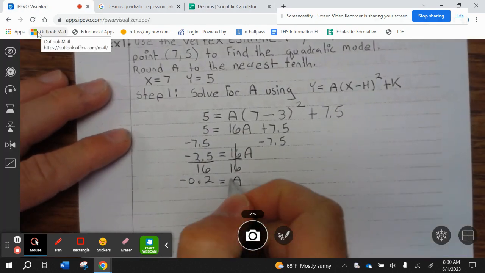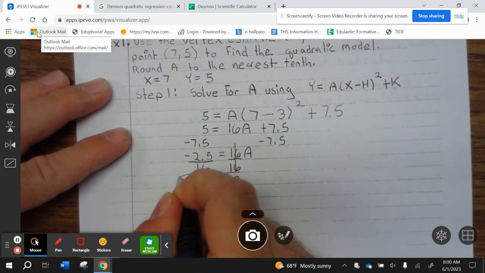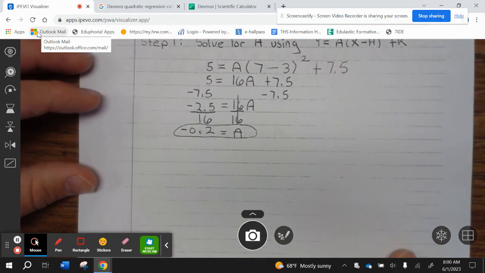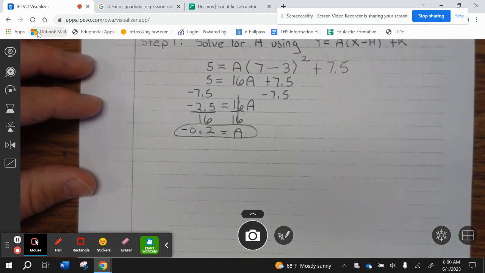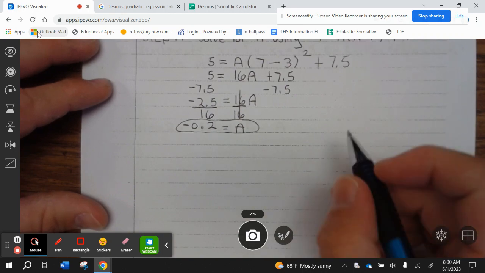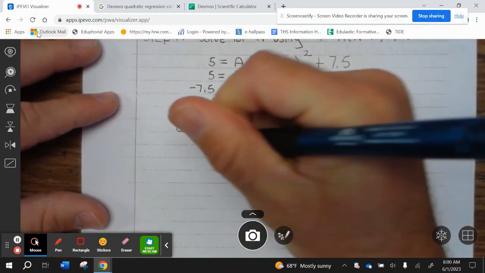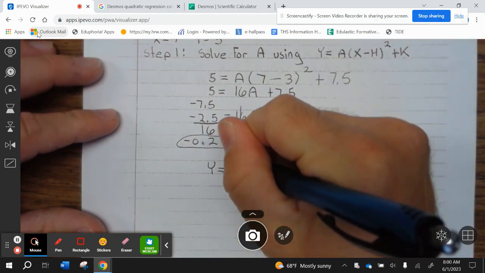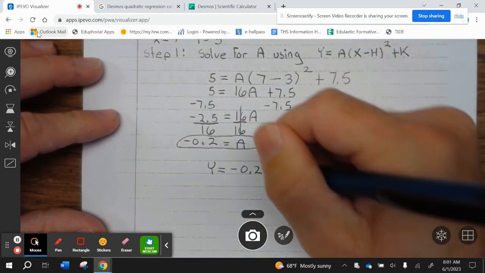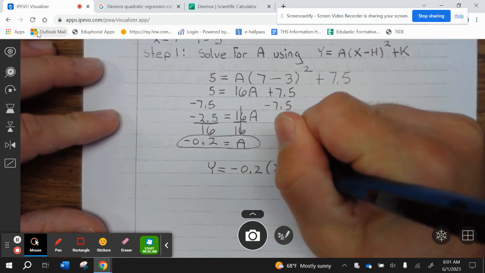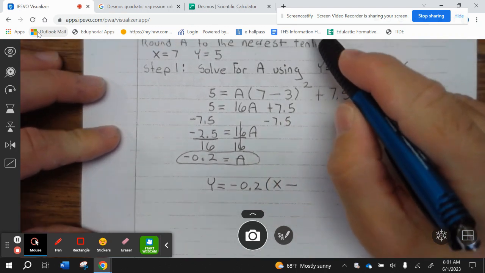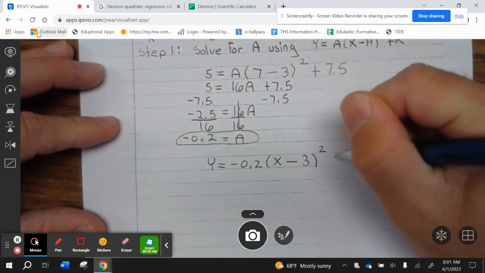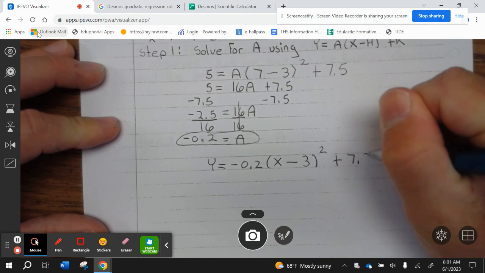All right, so now we plug that in. So that's y equals, our a value is negative 0.2, parentheses x minus h, which is 3, squared, plus k, which is 7.5.